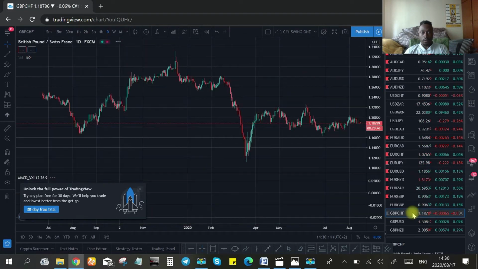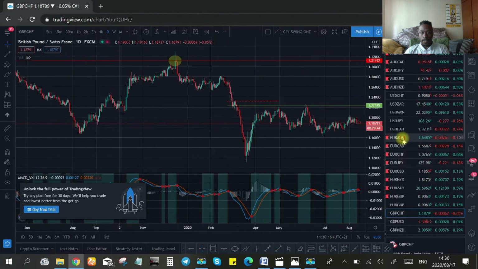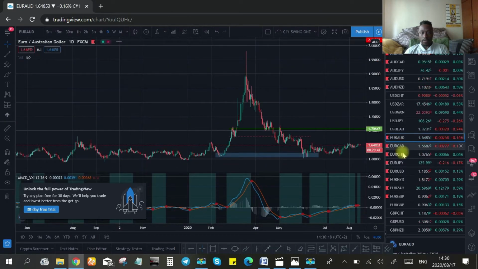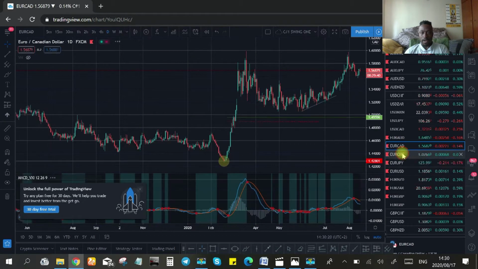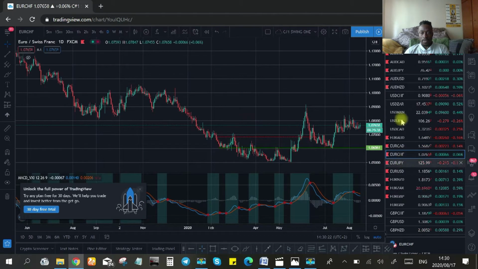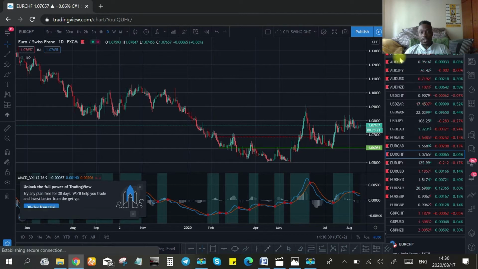I want to look for an easy market so that you can easily understand for now, and then it might get more complicated. I have markets here, so hopefully you now understand how to add markets. You add them from here: add symbol, and then you type the market you want, euro, gold, CHF.